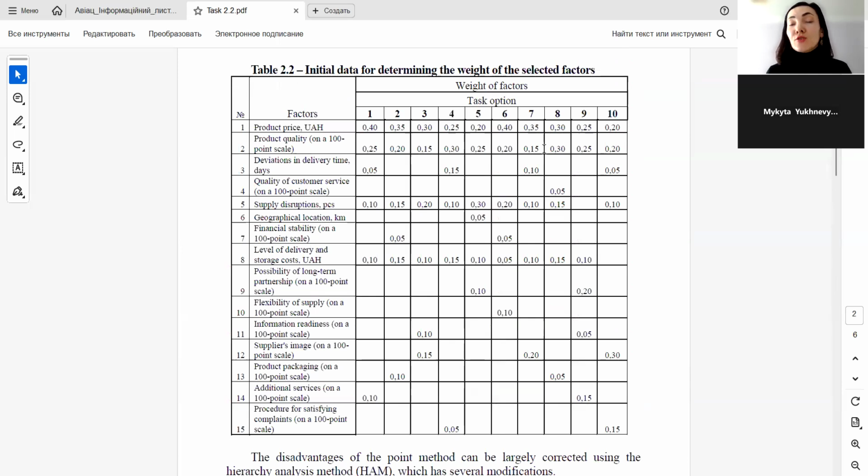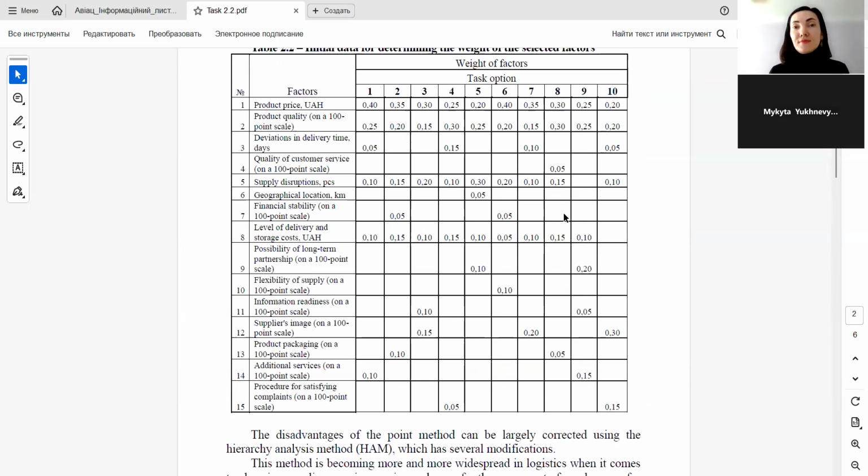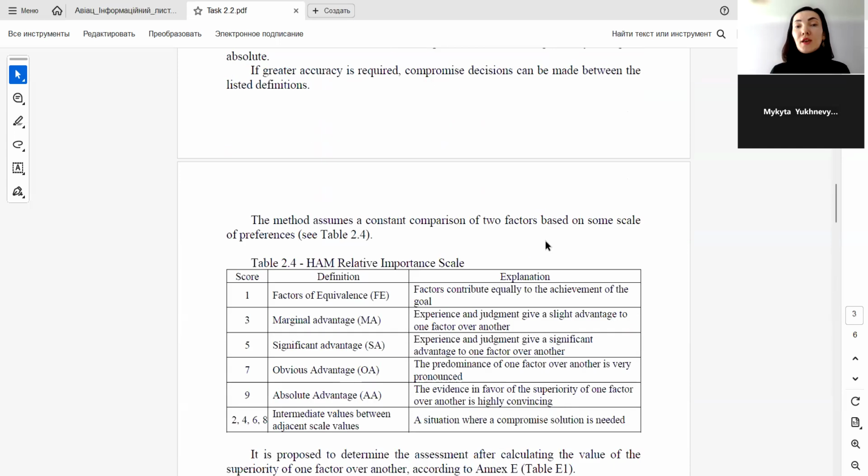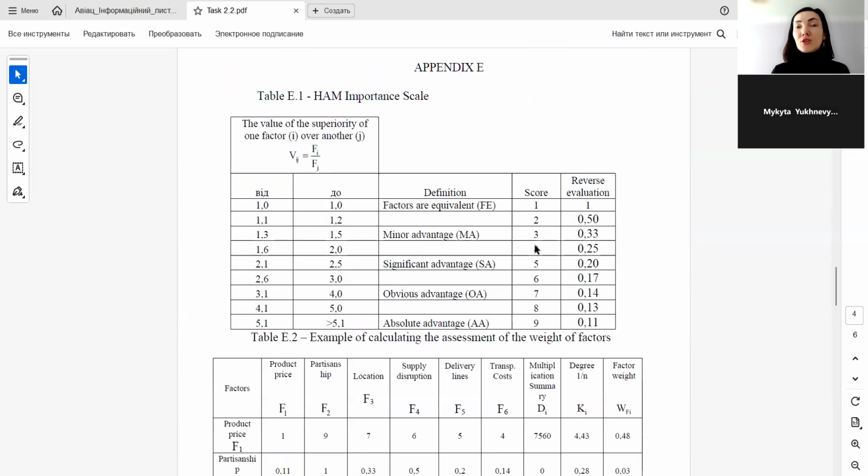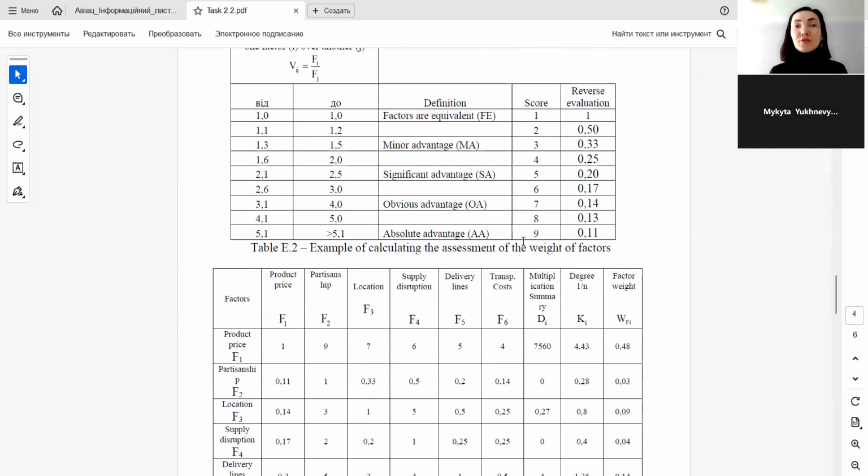For each variant, second factor 0.30 and fourth factor 0.15. Divided it, find this difference. Okay, and find score and reverse evaluation. We calculated third line and fourth column.